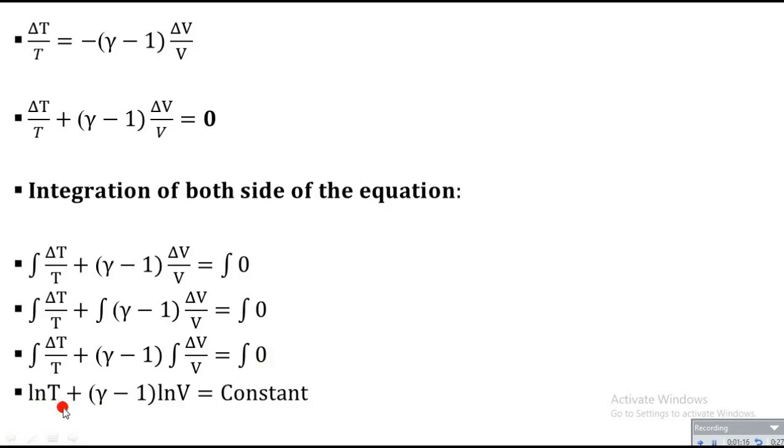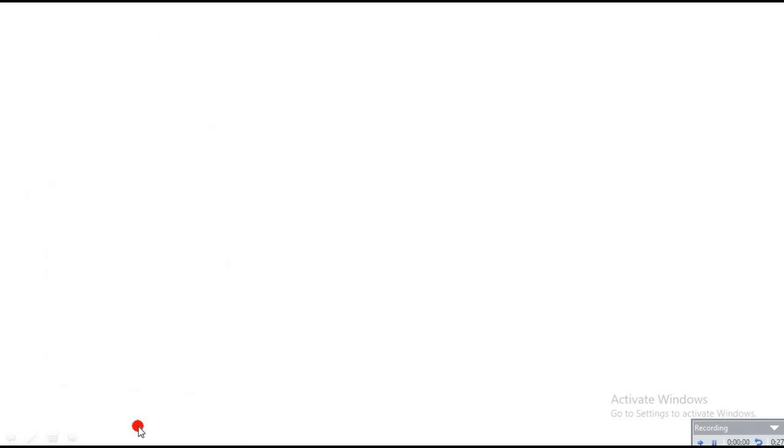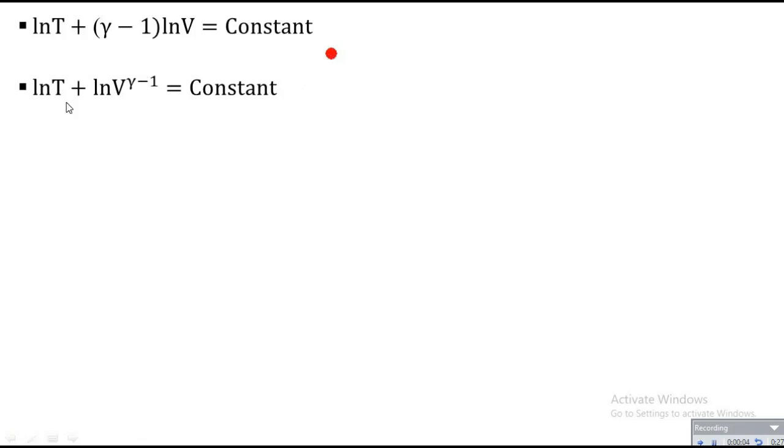This will be equal to ln T. This will be equal to gamma minus 1 times the integration of dV over V, which is ln V, equal to constant. Integration of the constant is a constant. Now we have ln T plus gamma minus 1 ln V is equal to constant.